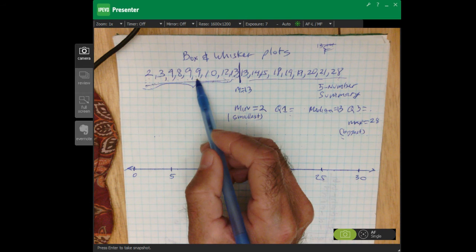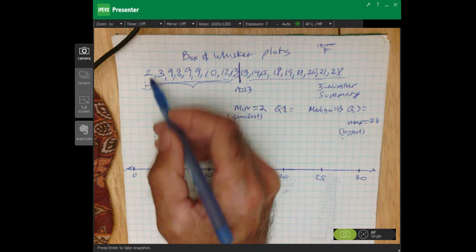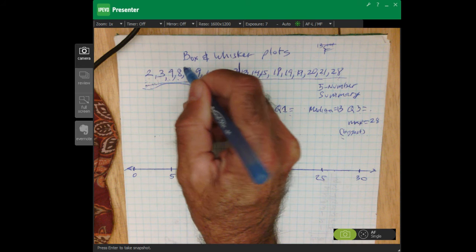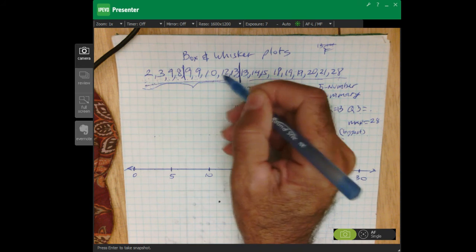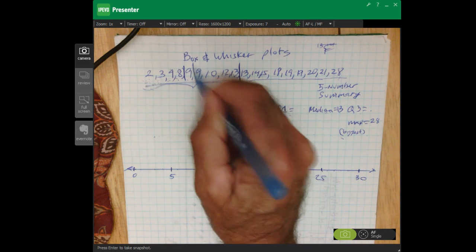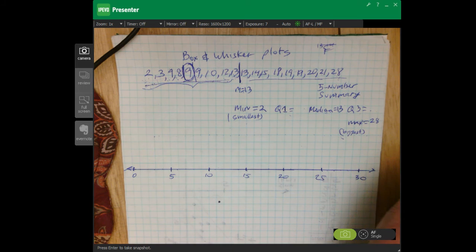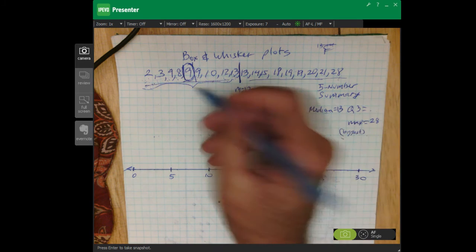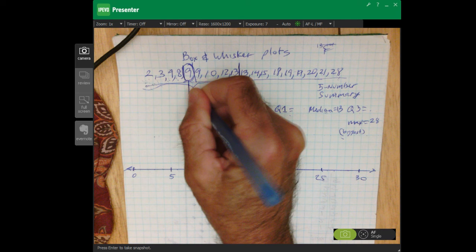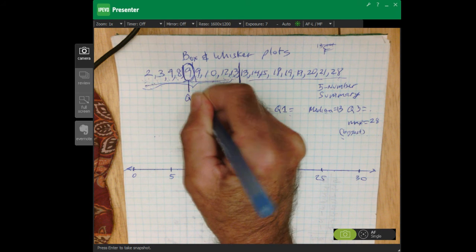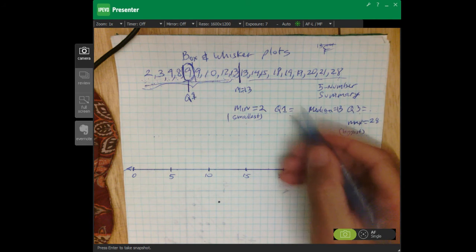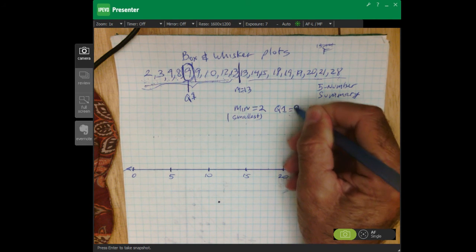And we're not allowed to split any of these numbers in half. So 1, 2, 3, 4. A group of 4. 1, 2, 3, 4. A group of 4. And then the number in the middle is the median of this group, which is Q1. So Q1 is going to be equal to 9.